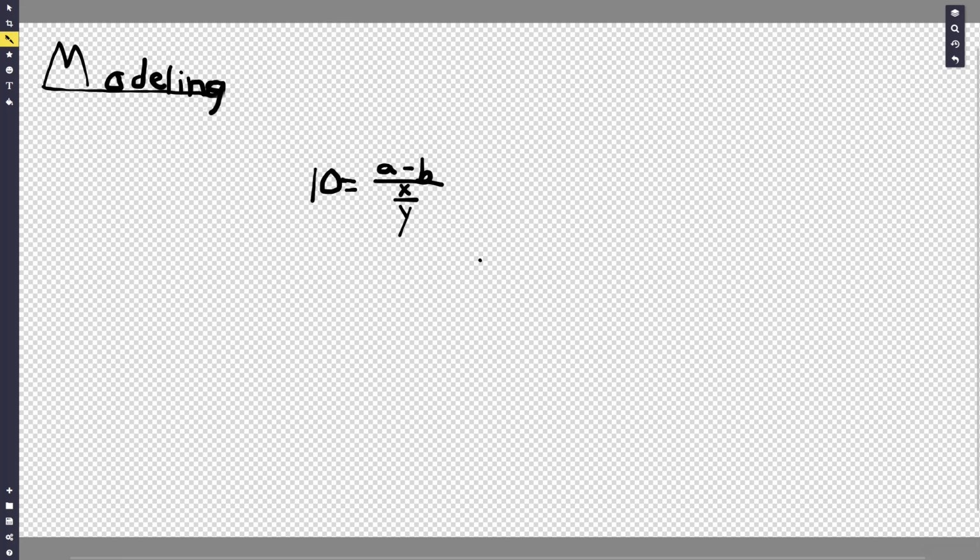So let's talk about how changing this expression can change the outcome. Let's see how changing one variable can change this. Let's say x is 2 times larger, so this is going to be 2x.